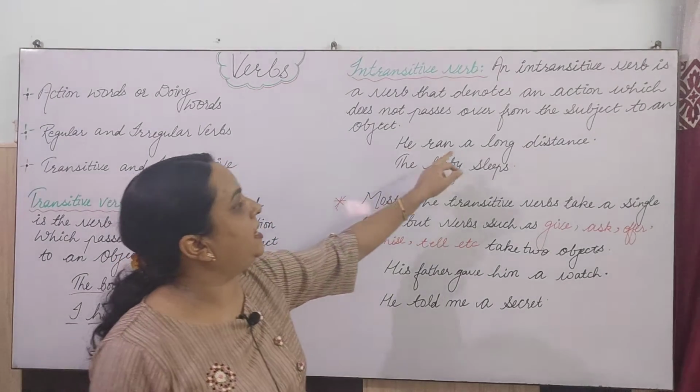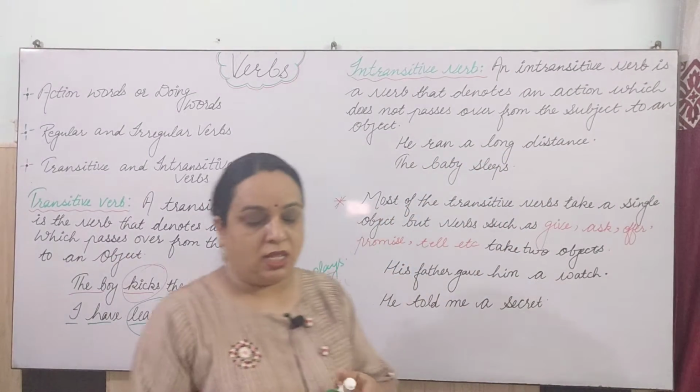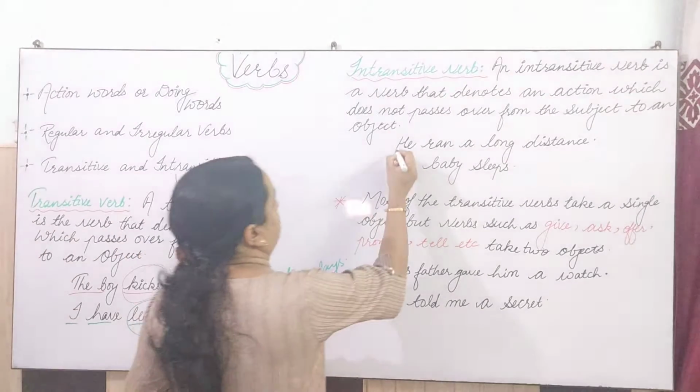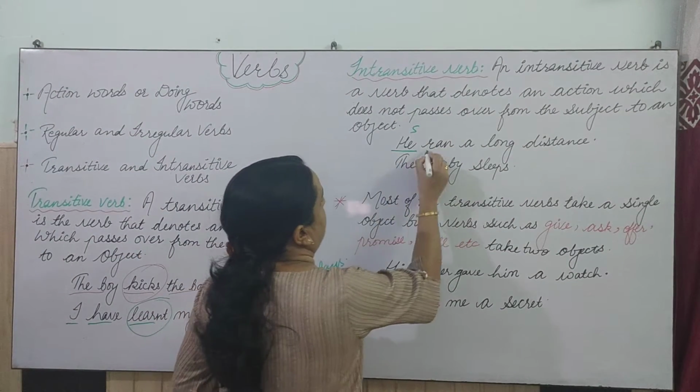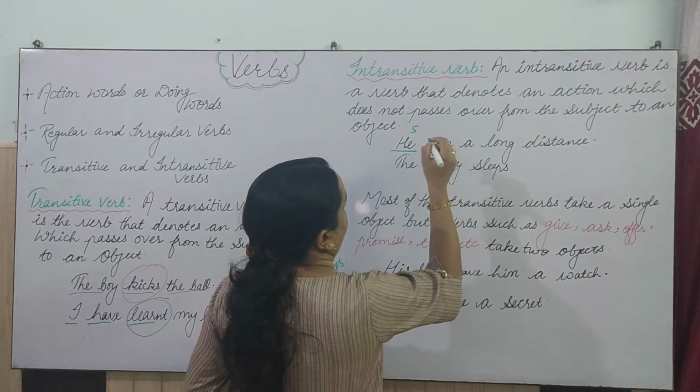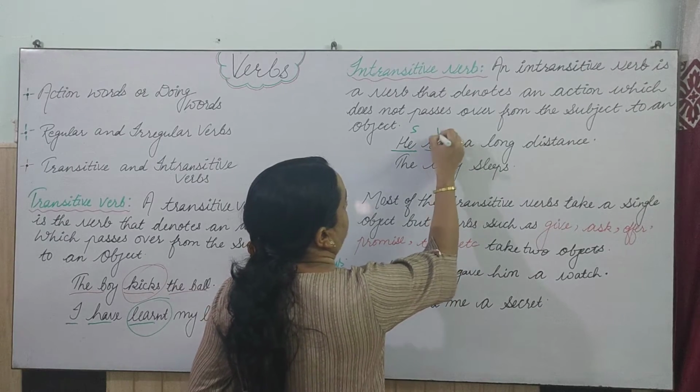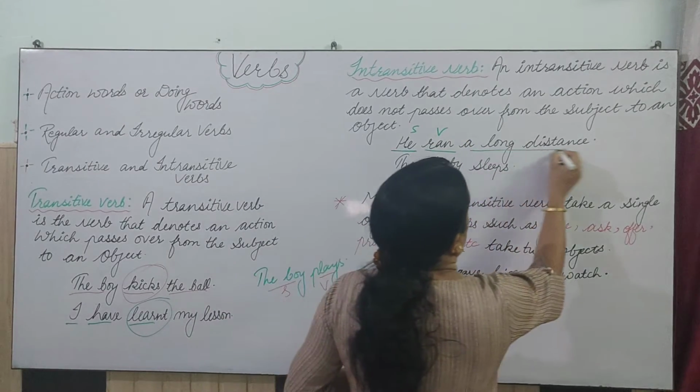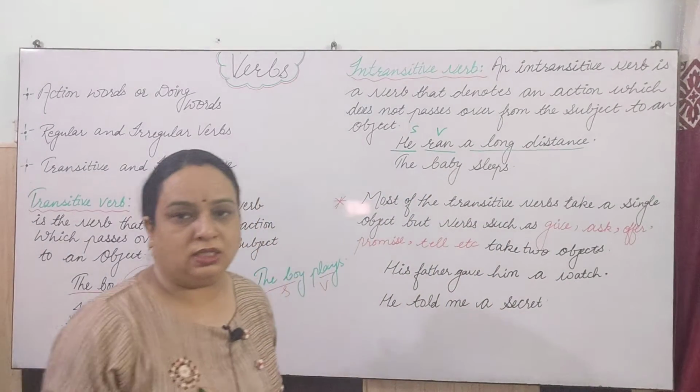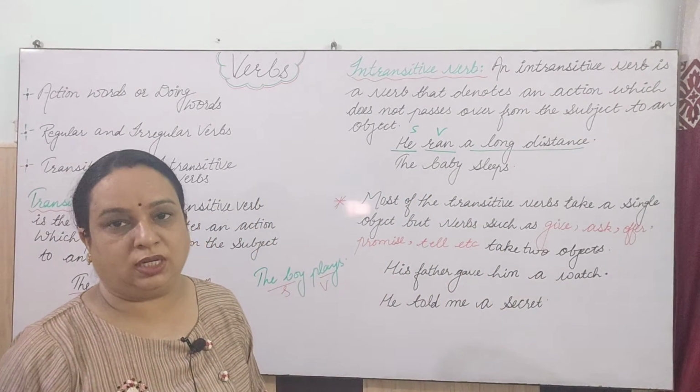For example, he ran a long distance. Now let's understand this sentence: he is working as the subject, ran is the verb. A long distance is not an object, it is the complement of the sentence, right?